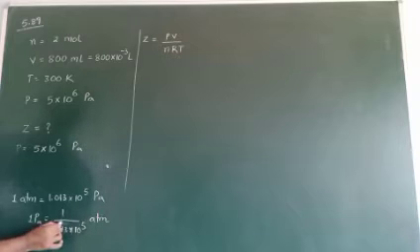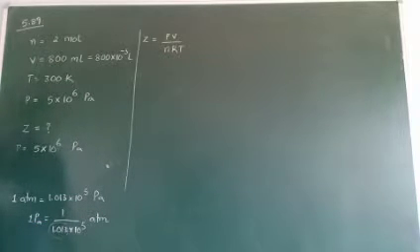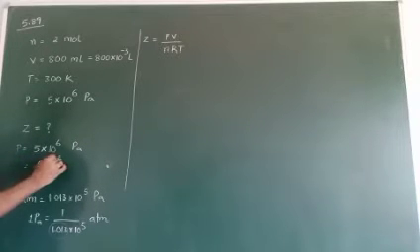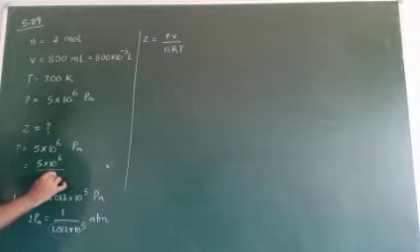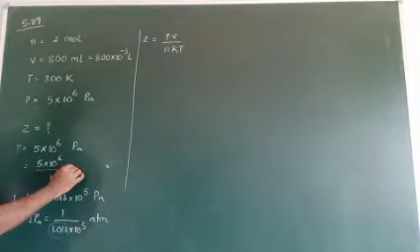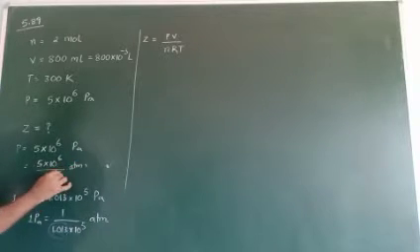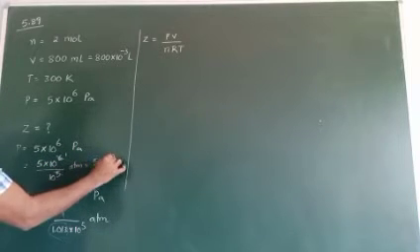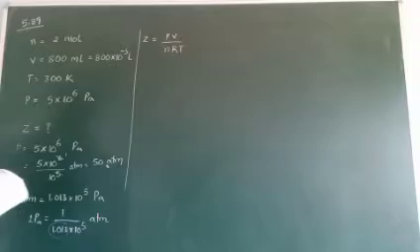Simply, 1.013 is taken as 1, so better to write 1 by 10 to the power of 5. Then this value is 5 into 10 to the power of 6 by 10 to the power of 5 atmospheres. So 50 atmospheres directly, no problem.